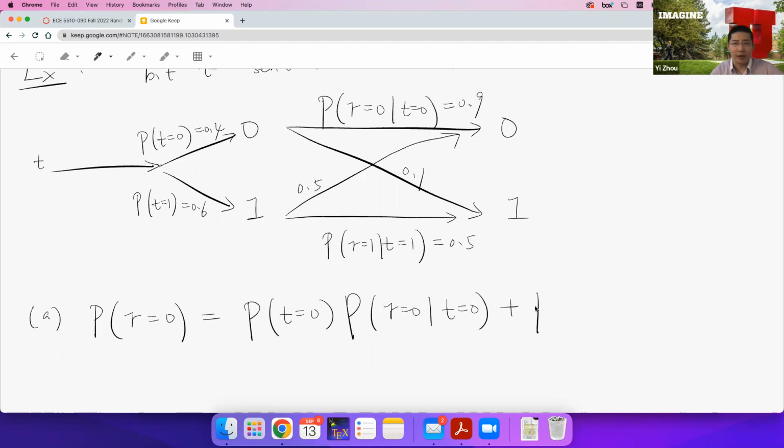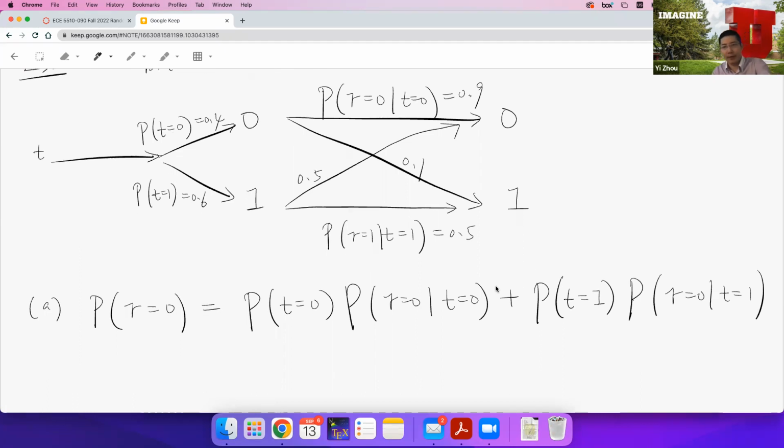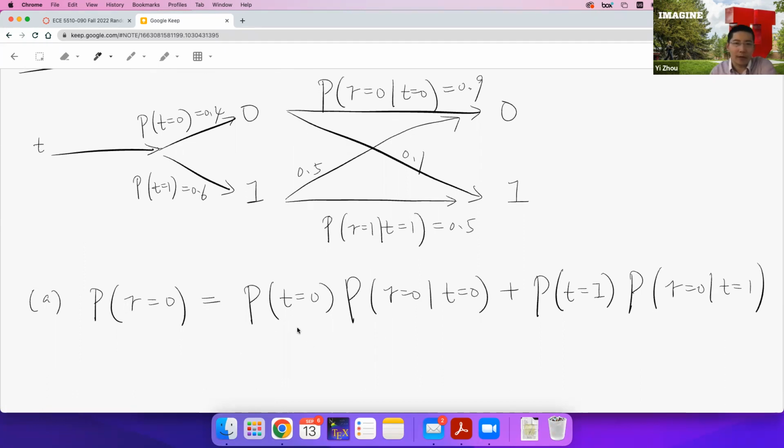The other case is that we transmit a 1, and given that we transmit a 1, we receive 0. These are the only 2 cases, and each probability is given.